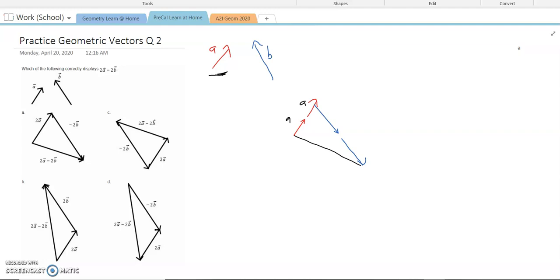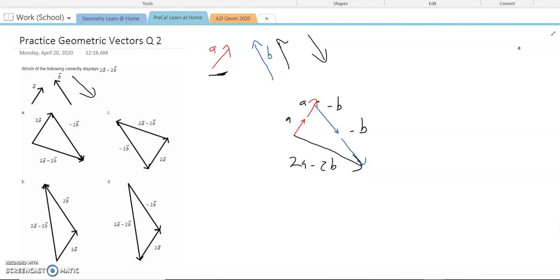And then subtract 2 of vector B. And when you subtract a vector, you literally just go the opposite direction. So if B is going this direction, when you subtract B, it should be going the opposite direction. So from the endpoint we came up with here, if we subtract B, we end up getting minus B here, or minus 2B. So the resultant vector should be 2A minus 2B.